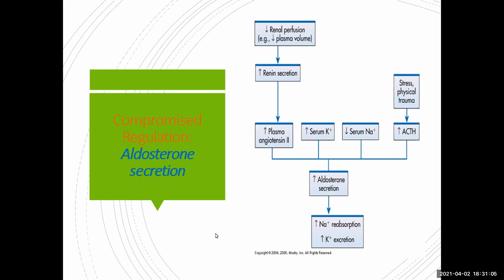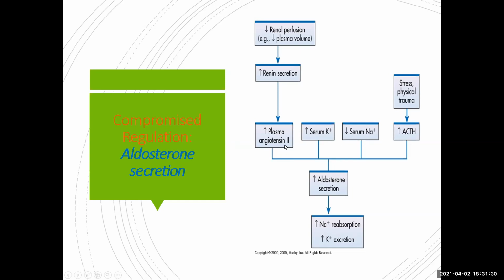Okay, so another part is the aldosterone secretion. So when you have decreased renal perfusion, you're going to have increase in renin secretion, and then you're going to come down here and all of these items start happening, right?